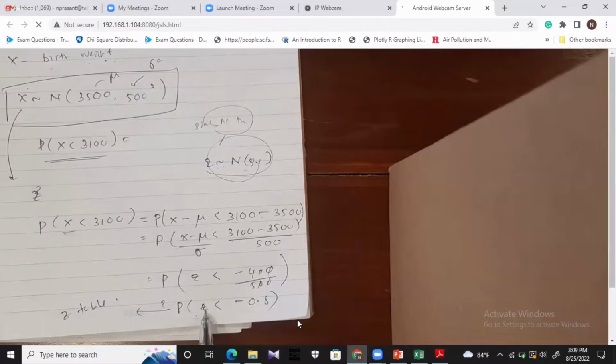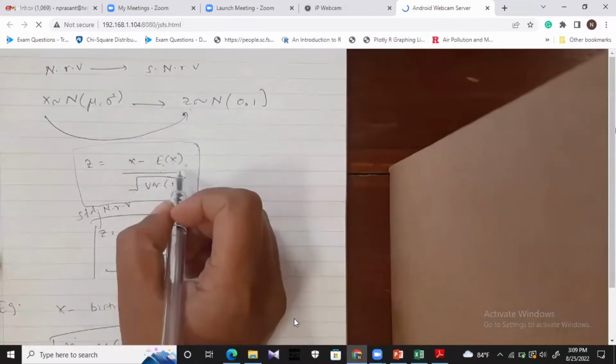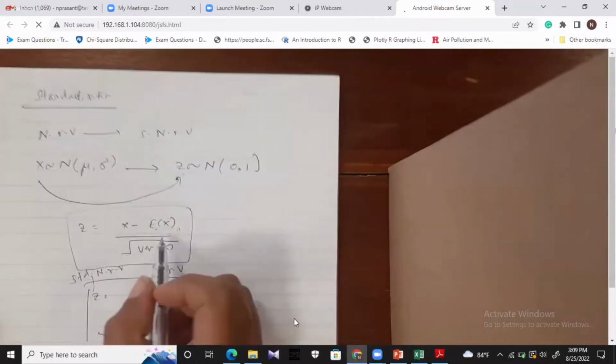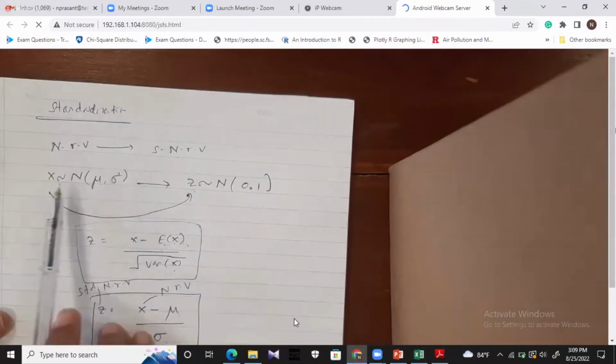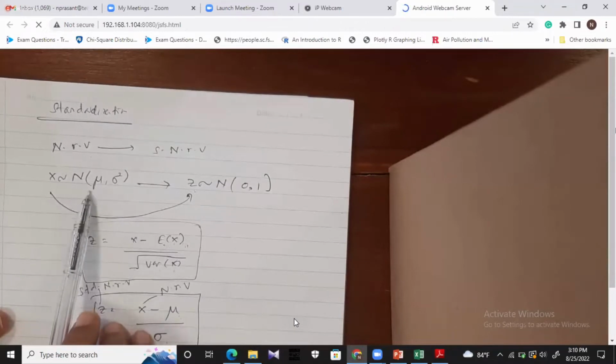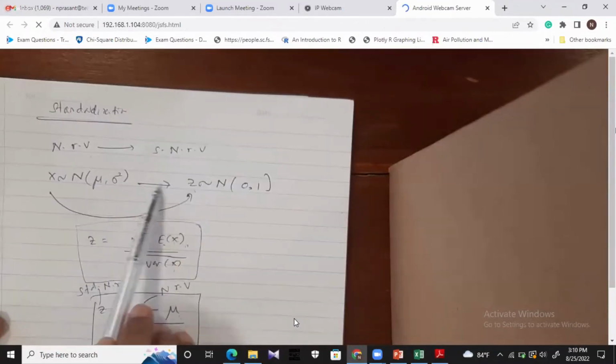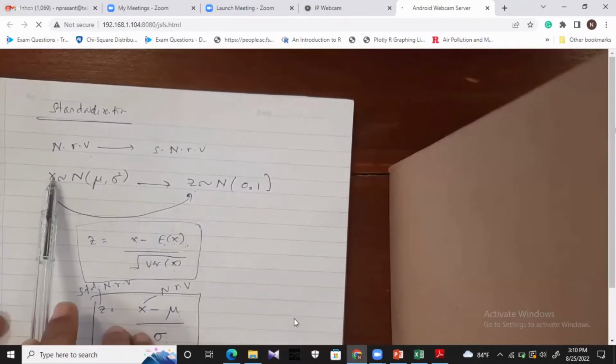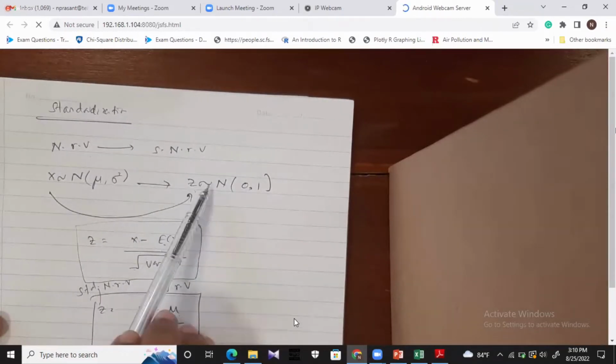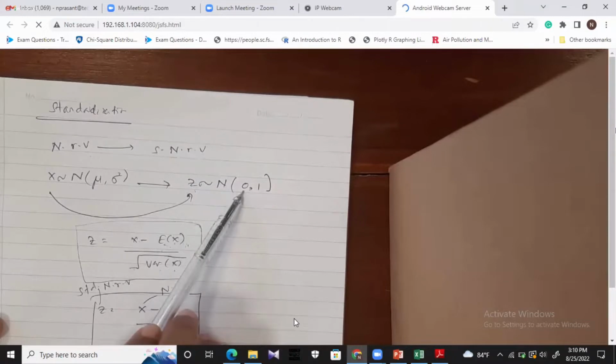Now Z is a standard normal random variable with mean 0 and variance 1. After standardizing any normal random variable, like x which is normally distributed with mean mu and variance sigma squared, converting x into z makes it normally distributed with mean 0 and variance 1.